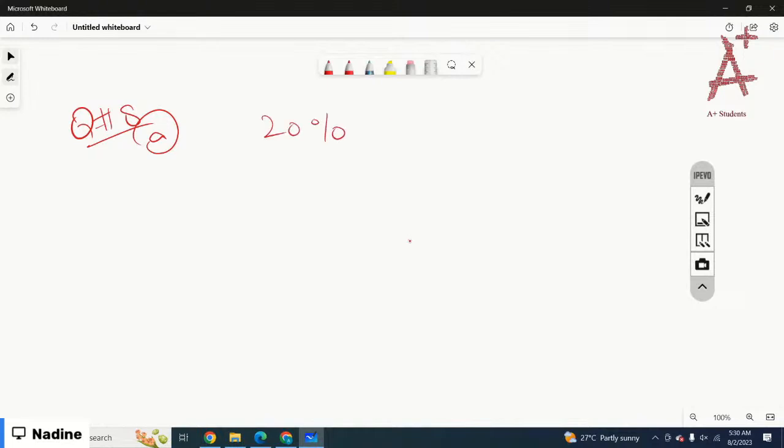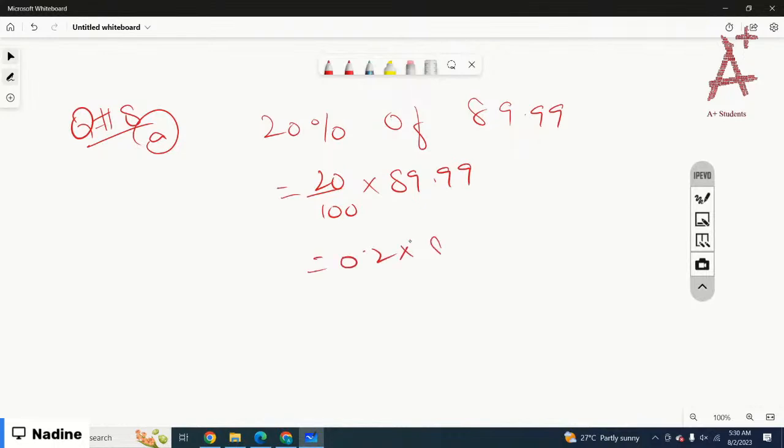You have to calculate 20% off 89.99, right? So it is 20 over 100 times 89.99. That would be 0.2 times 89.99, and that equals $18. That means the discount is $18, right?